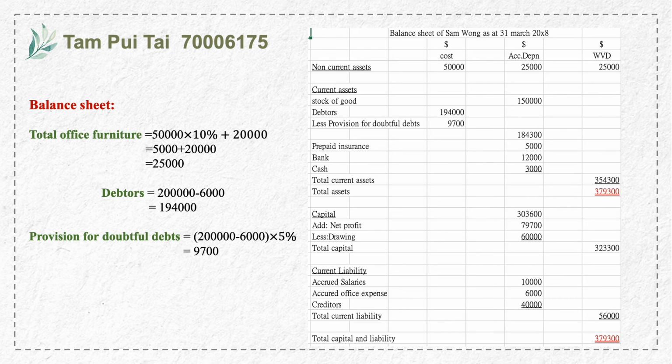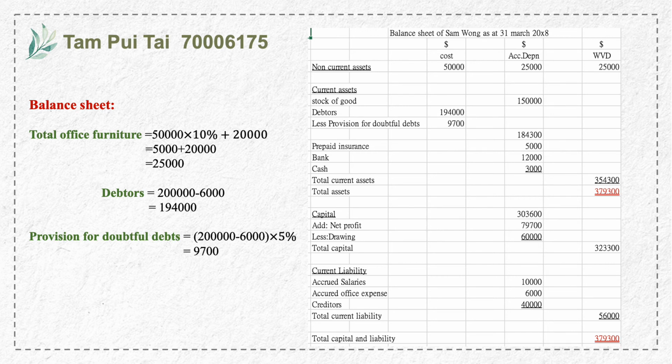So let's see the balance sheet of Sem 1 as at 31 March 2008. The first item is non-current asset. Non-current asset, it should be the total office furniture here, but maybe I forgot to put it in, sorry. So the cost is 50,000 and depreciation is 25,000.